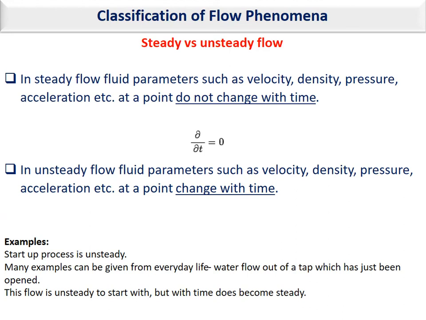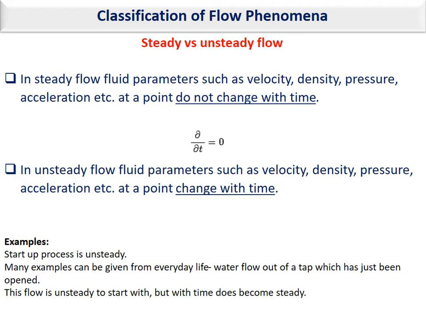Okay, going to the next classification. The next one is classifying the flow into steady or unsteady flow. In a steady flow, fluid parameters such as velocity, density, pressure, acceleration, and so on at a point do not change with time. So the partial derivative of any quantity with respect to time is 0.